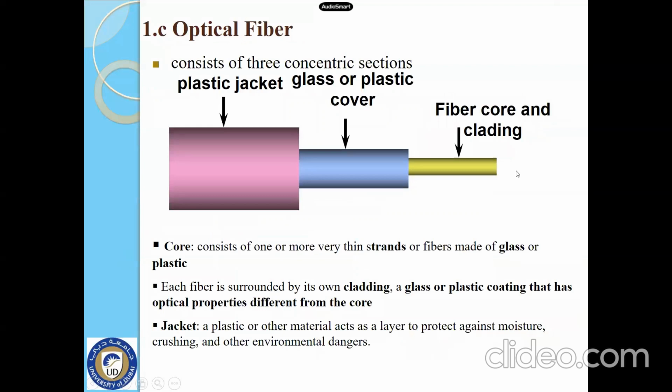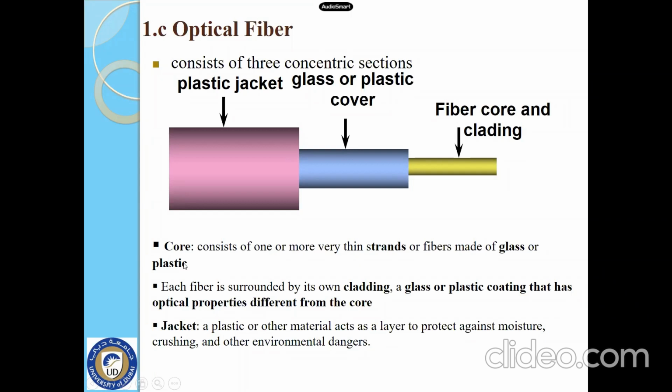Okay, fiber optics. It consists of 3 concentric sections. We have the plastic jacket here for protection for sure, and you have a glass or plastic cover. Usually it's glass, and you have the fiber core and cladding. The core is inside, the cladding is at the edges or at the sides. Now, the core consists of 1 or more very thin strands of fibers made of glass or plastic.